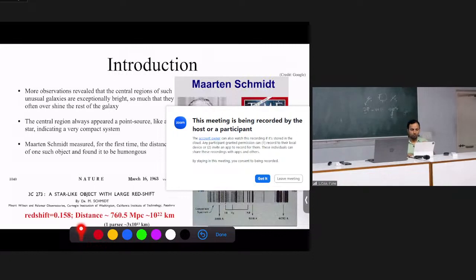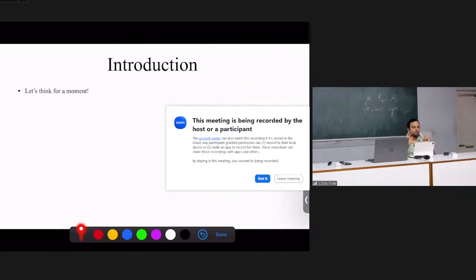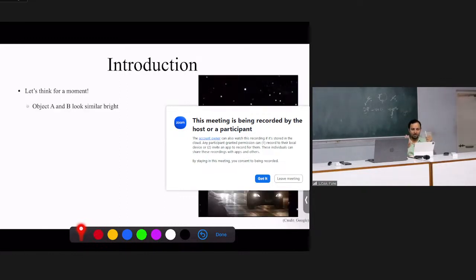Fine. Now let us think to understand what is going on. Think from the perspective of an astronomer in the 1960s getting this information. We have no idea what that was. So let us see a normal picture. Let us focus on two stars, object A and object B, in the night sky.